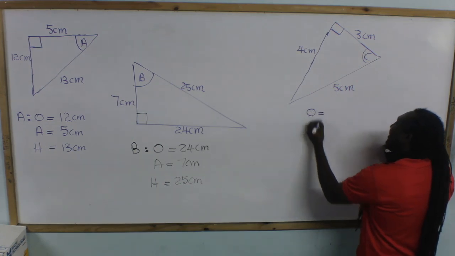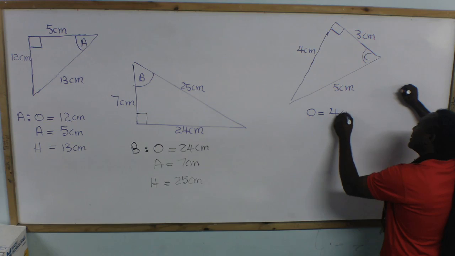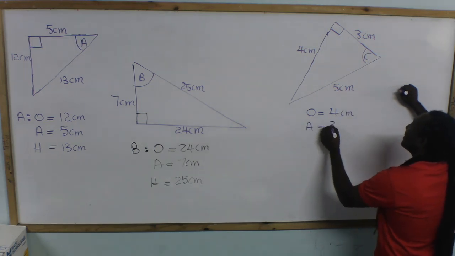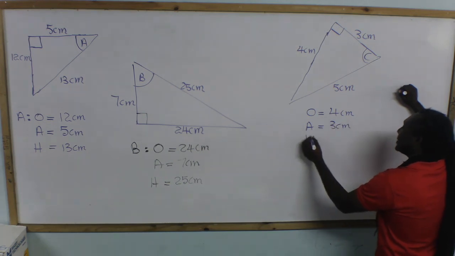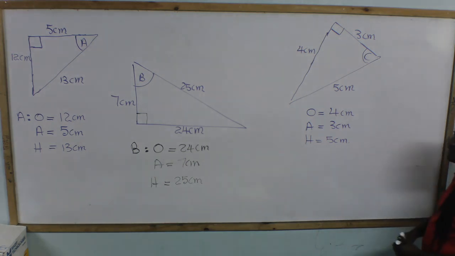Alright, so we have what? The one opposite to this is 4 centimeters. The adjacent one is 3 centimeters. And the hypotenuse is 5 centimeters.